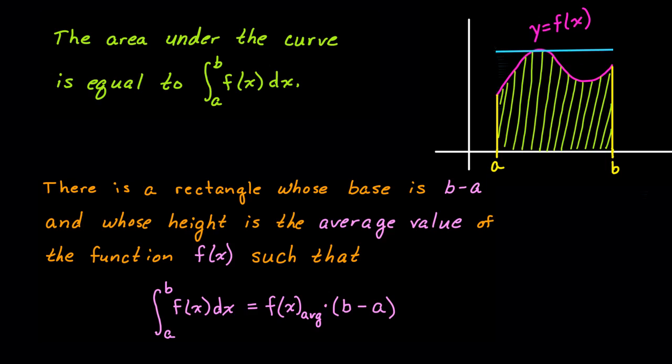Likewise, if I put the top of my rectangle up here, that creates a rectangle whose area is an overestimate of the actual area between the curve and the x-axis.